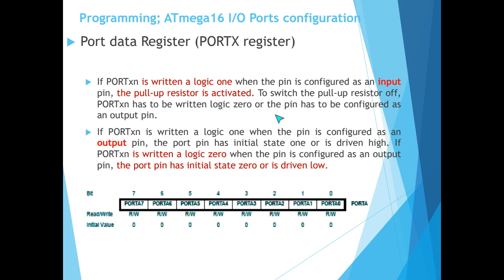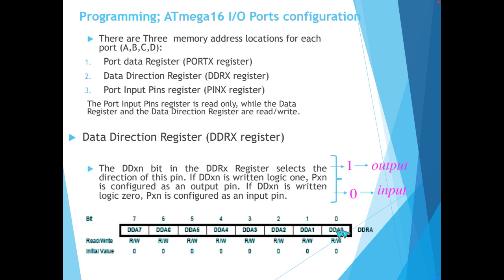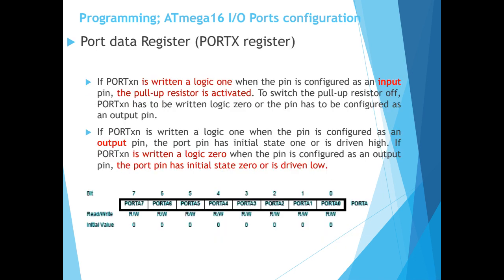So suppose that in DDR-X, for example, when we're talking about port A, DDR-A bit 0, or the first bit, is configured as input, meaning that its value is written 0. Then it is configured as input. And in the next step, in port A, for example, bit 0 is written logic 1.